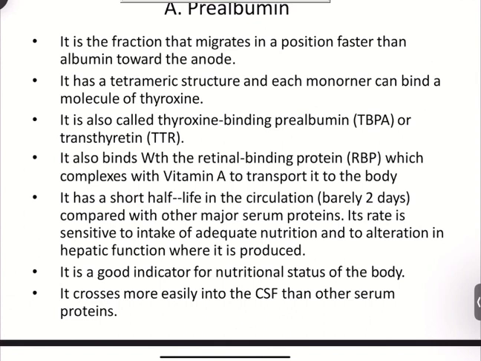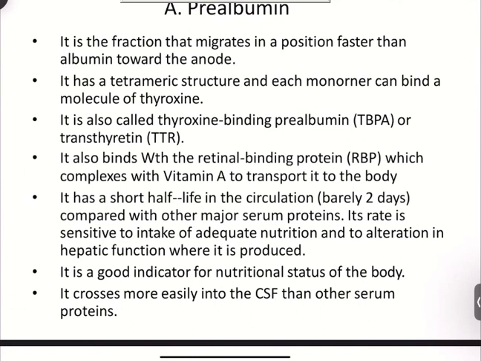So your vitamin A is absorbed in your intestine, then it is transported by your pre-albumin to be absorbed and used in other sites of your body, like your eyes. It has a short half-life. Half-life is the life of a drug or of any analyte inside your body.